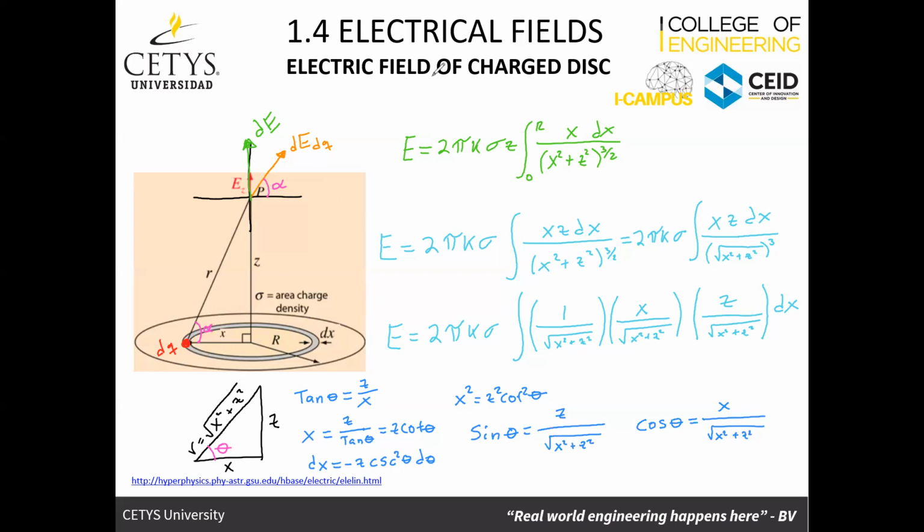I'm going to write these down the other way around, I'm just going to flip them. So the cosine of theta is x divided by the square root of x squared plus z squared, and the sine of theta is z divided by the square root of x squared plus z squared.